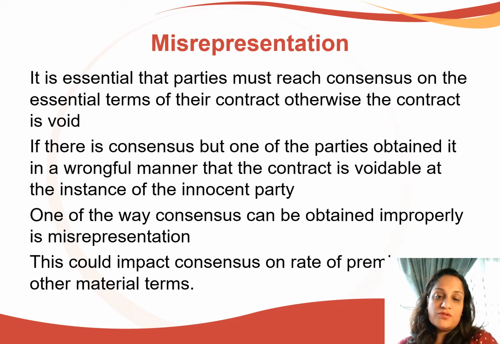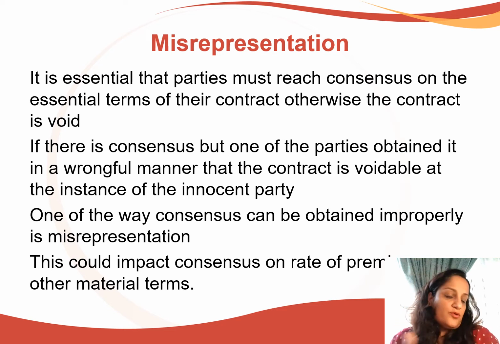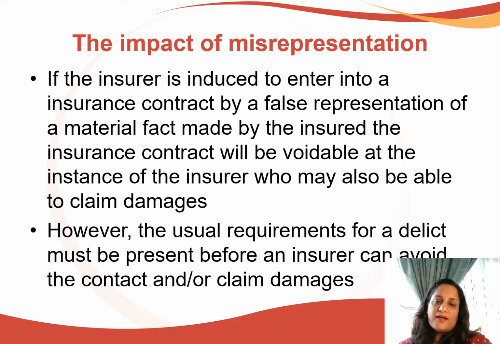And of course, there is the impact on consensus, for example, on the rate of premium or other material facts. It could mean that the premium is very low because you did not say that the car will be parked on the road as opposed to inside a locked garage. So those are very important things that you need to have consensus on. What is the impact then of misrepresentation?